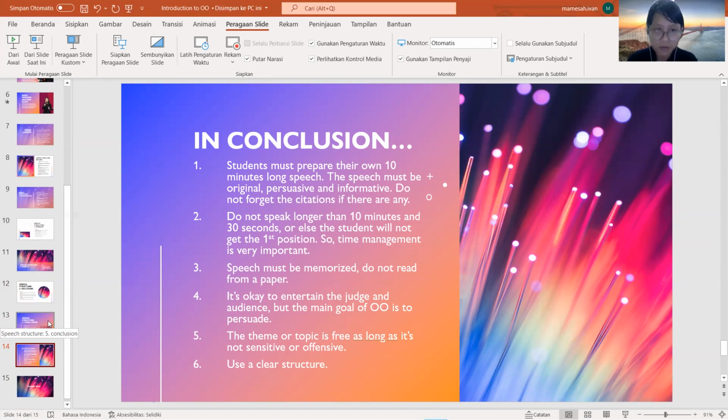And fourth, it's okay to entertain the judge and audience, but the main goal of original oratory is to persuade. So make sure that your speech mostly consists of persuasion. Fifth, the theme or topic is free as long as it's not sensitive or offensive. And sixth, use a clear structure that I already explained beforehand.